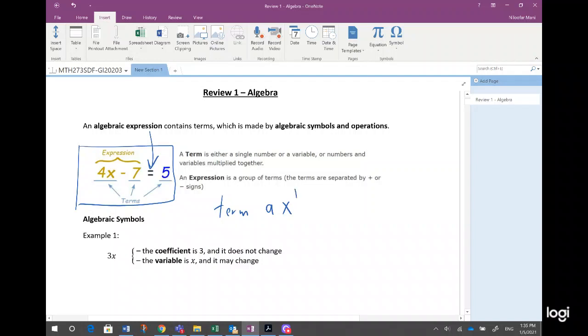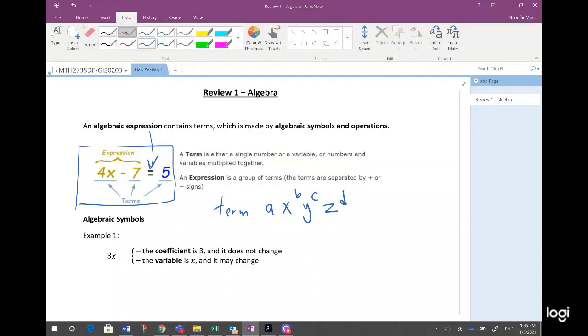a x power b, y power c, z power d, for example. This is the coefficient, and these are variables, x, y, z. Why do I call them variables? Because they vary, they may change.